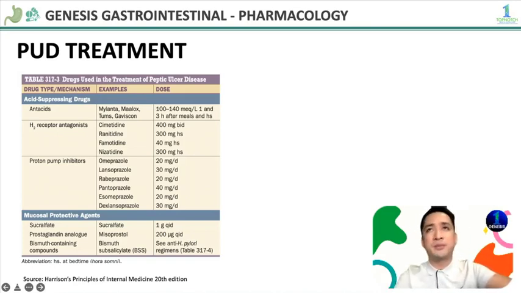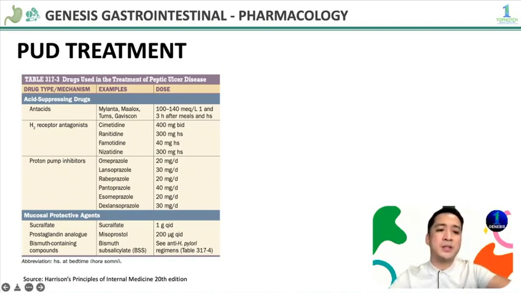And the most effective drugs in the management of PUD are your proton pump inhibitors, your omeprazole, usually given 20 milligrams per day. We have your lansoprazole, rabeprazole, pantoprazole, esomeprazole, and dexlansoprazole. So these medications are considered the most potent medications in the management of PUD.